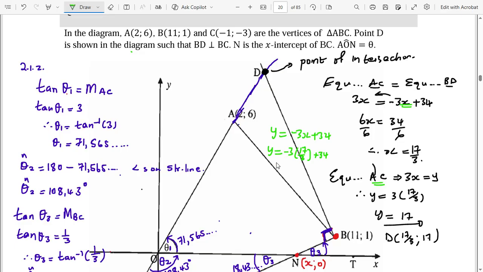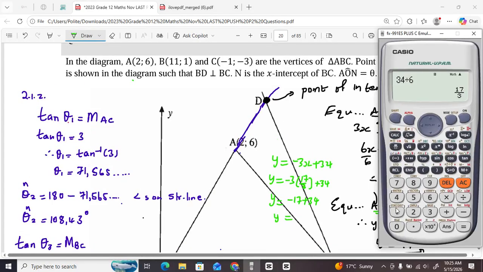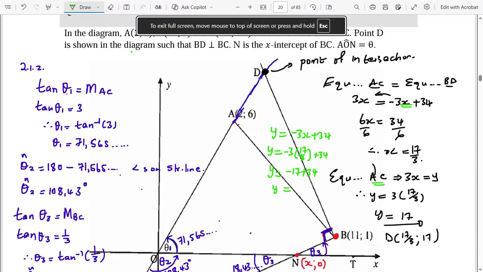Looking at this, the 3 cancels. This leaves me with y is equal to -17 plus 34. I hope that it's 17. Please give me 17 so that I can end this one. We have -17 plus 34. So the y value is 17.